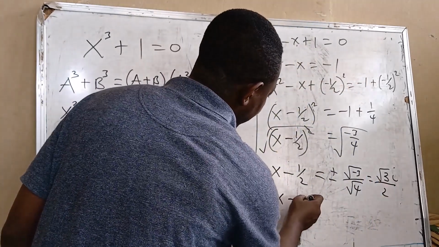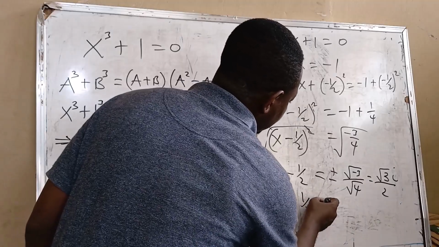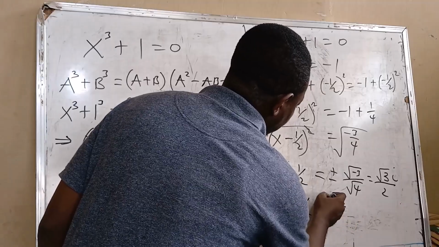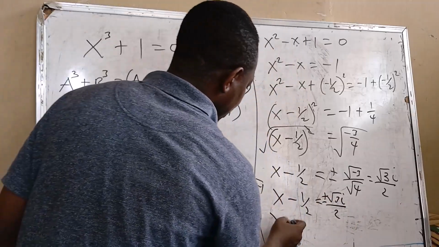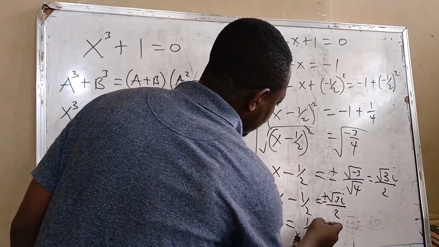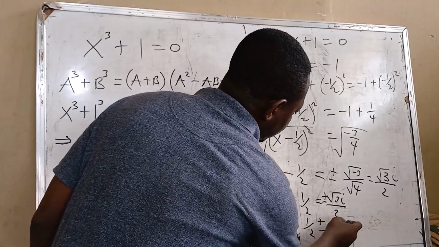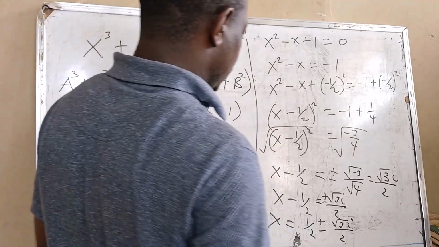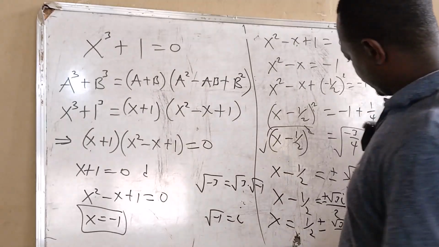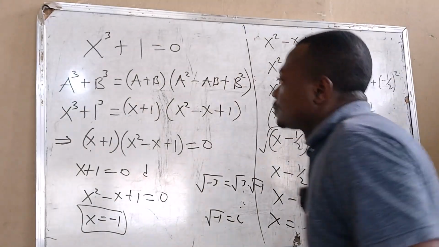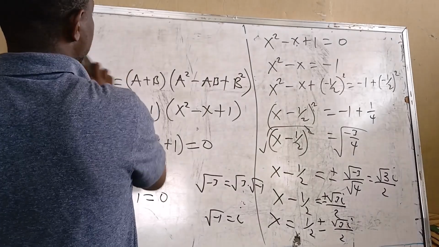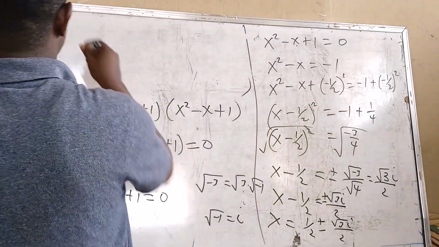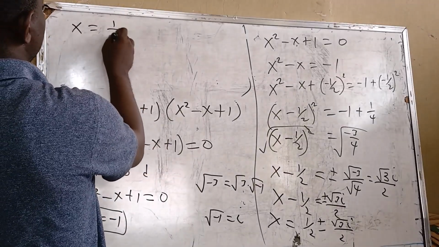So we have x minus half equals, so plus or minus that. So we have x equals half plus or minus square root of 3i on 2. All right. So we have two solutions here. Now let's write the solution. So that will be x equals 1 over 2.